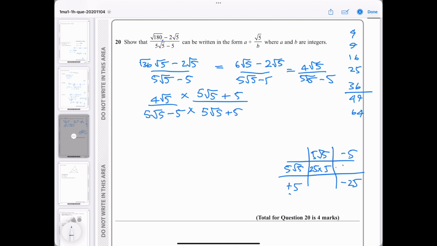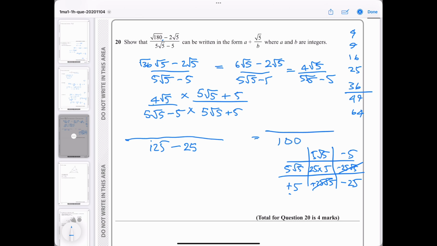Now we could do minus 5 times that and get minus 25 root 5 and plus 25 root 5, but we know that those are going to be eliminated. So on the bottom we get 125 minus 25, which is 100.